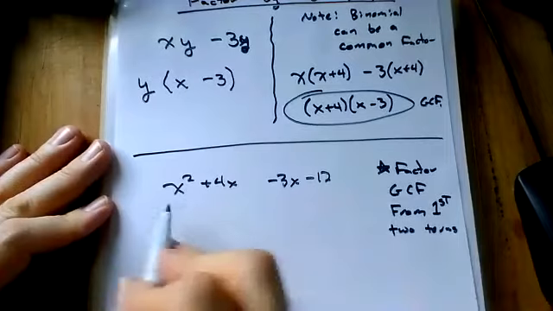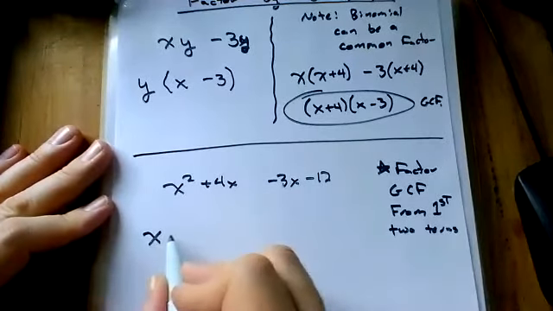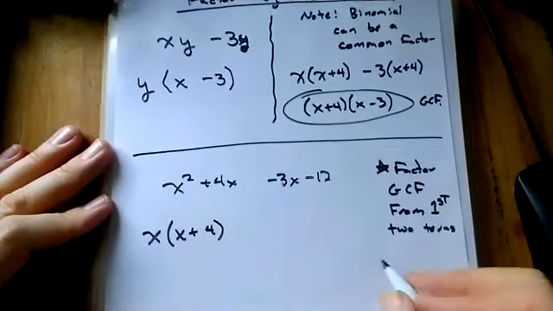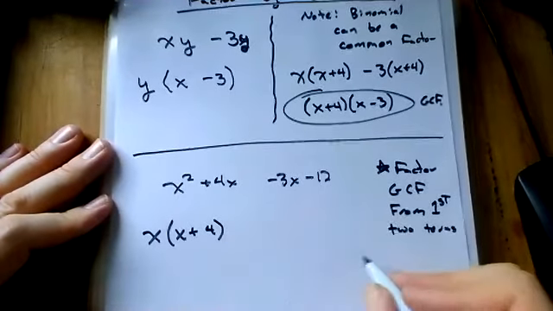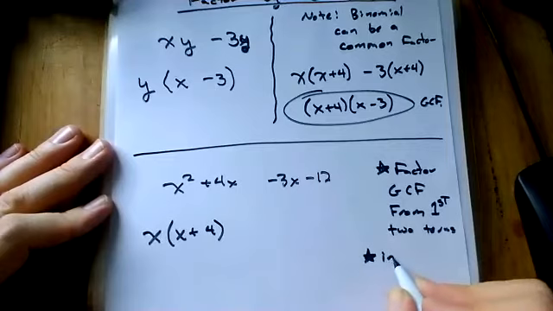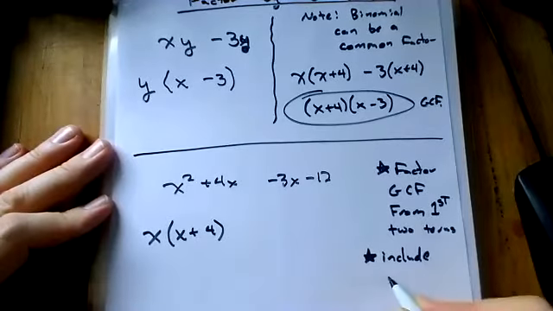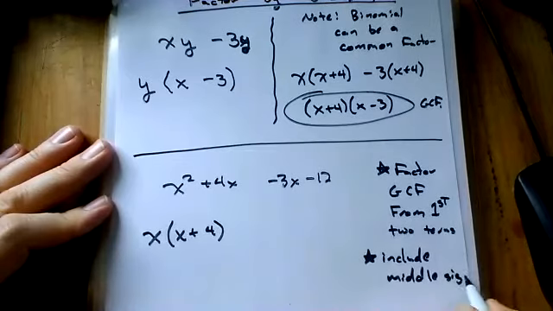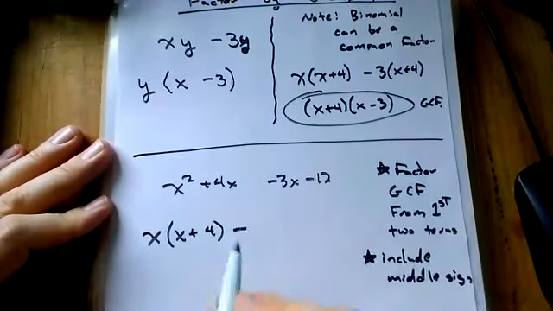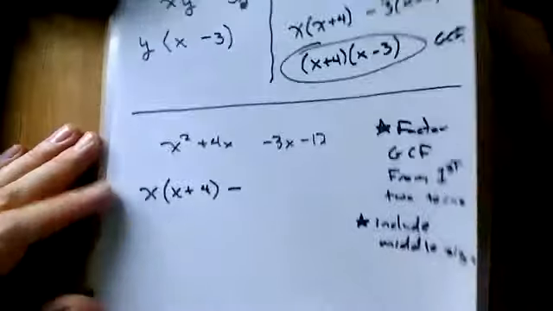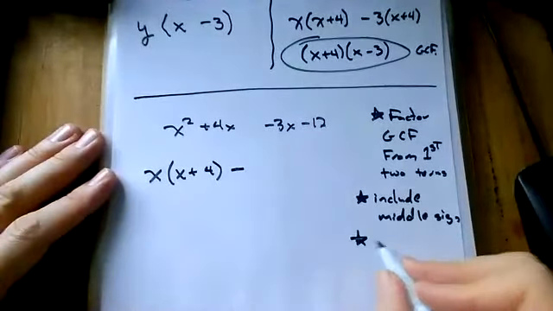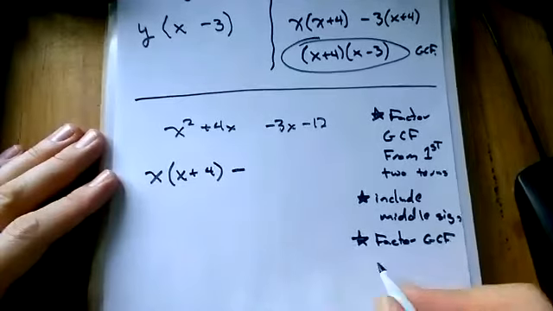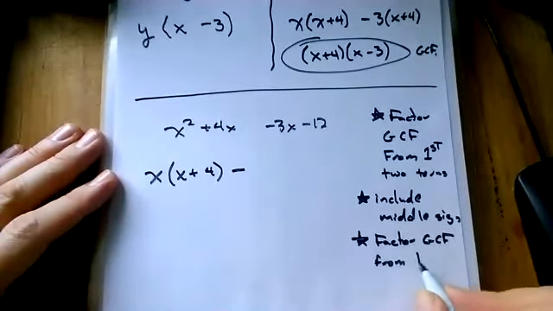So from our first two terms, that's an x, and that'll be x times x plus 4. I'm always going to include our middle sign. So I'm going to factor out a negative, and then I'm going to factor out that greatest common factor from our last two terms.